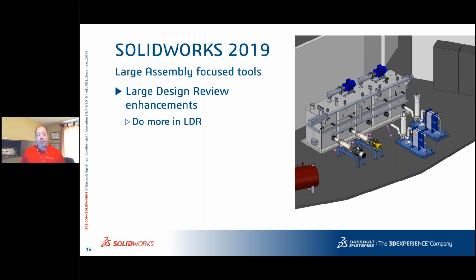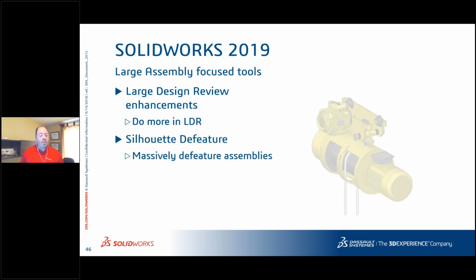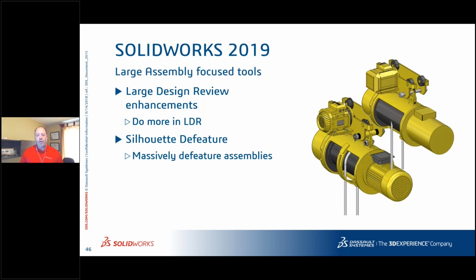Another tool focused on large assembly management and design is the silhouette defeature. We had the defeature before, but now we're adding a new method of defeaturing using the silhouette display of that model. So you can massively defeature the big assemblies. It allows you to create simplified parts from the silhouette outline.